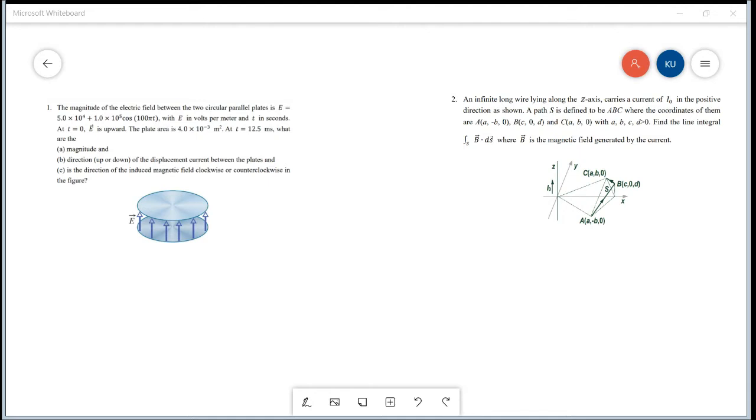And also we talk about Ampere-Maxwell's law, which involves a concept called the displacement current. So let's begin.